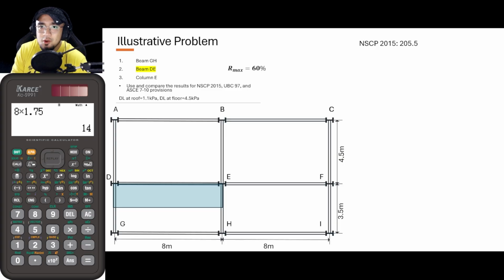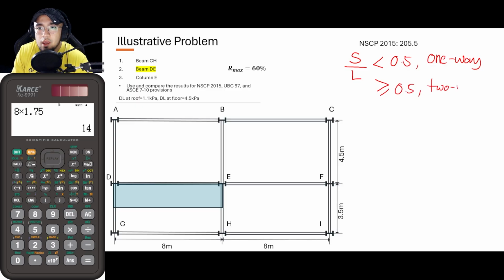In order for us to know, we must get the ratio of the shorter span over the longer span. If it is less than 0.5, this must be one way. And if this ratio is greater than or equal to 0.5, that means this is two-way.